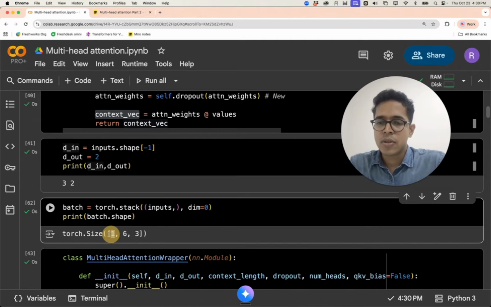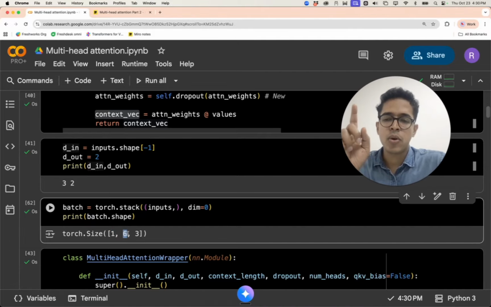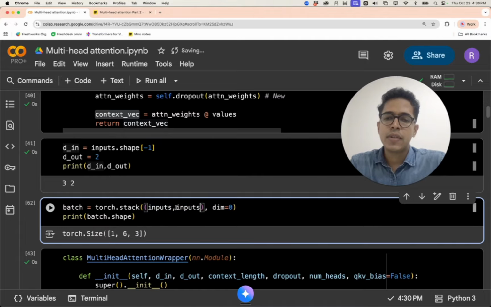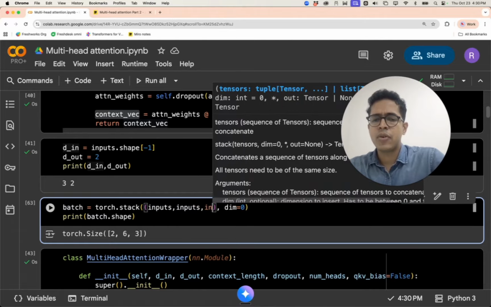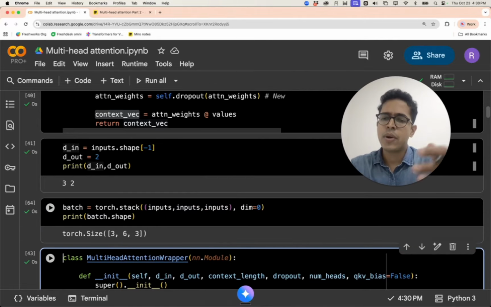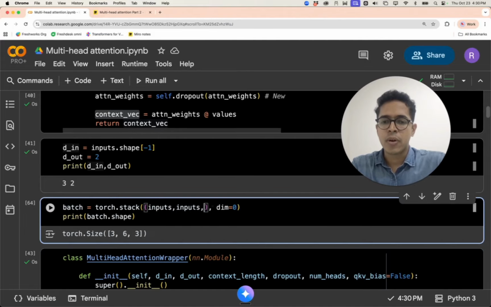So you see here, the 1 is batch size, 6 is the number of input tokens per batch, 3 is the number of dimensions per token. So I can concatenate 2 of these inputs together to produce a batch size of 2. It's the simplest way, otherwise I'll have to define some other inputs. But here you can play with the batch size like this, okay? But let's keep the batch size 2 for now.